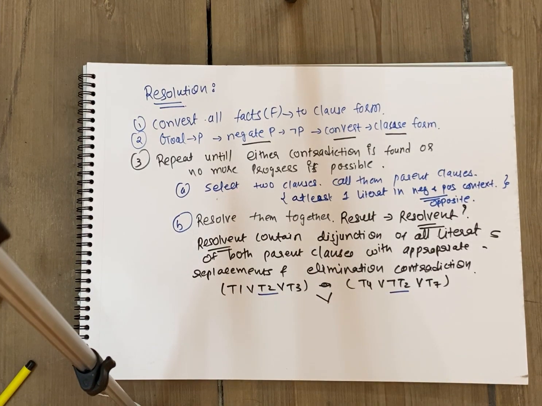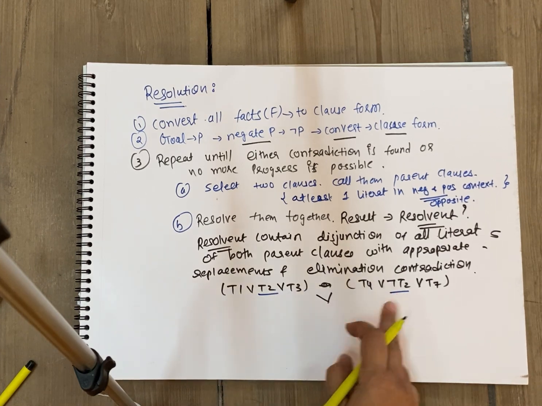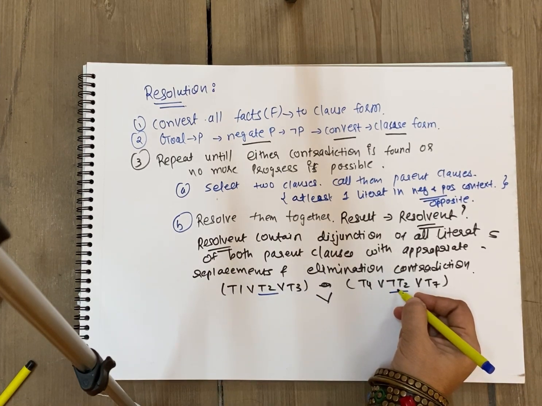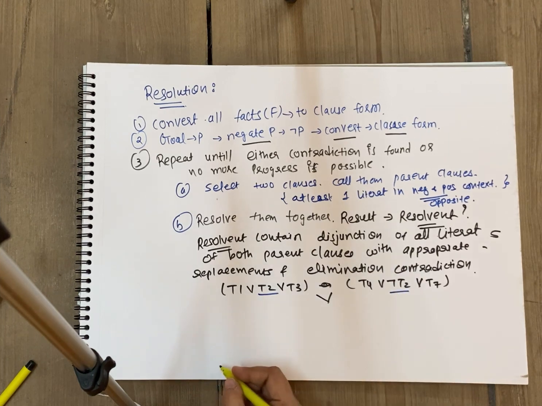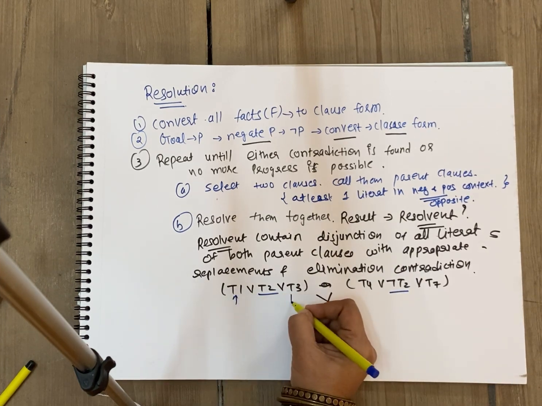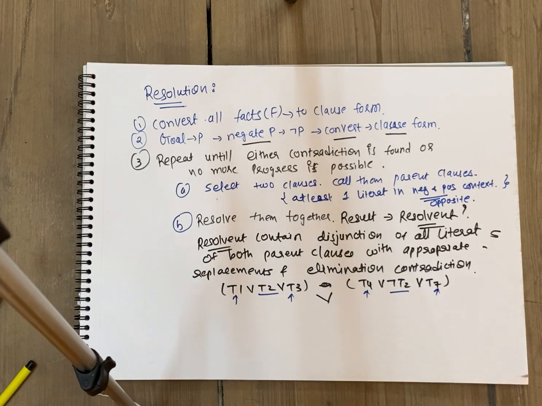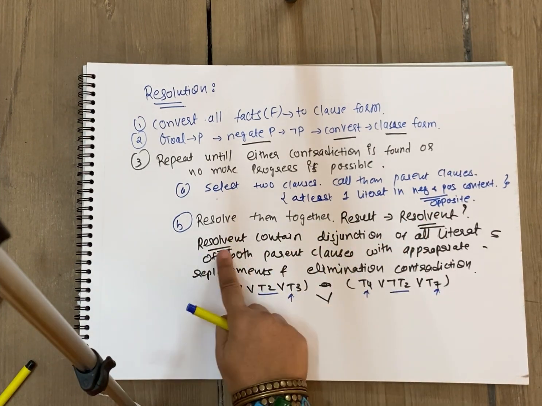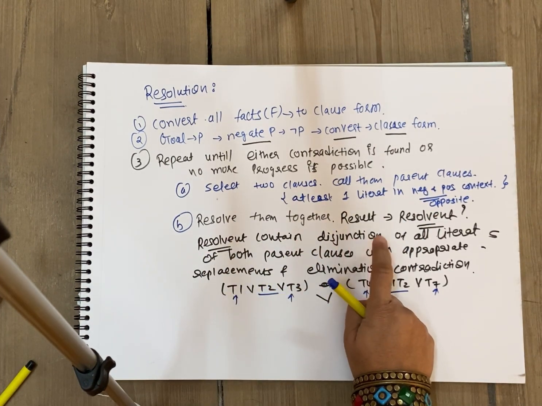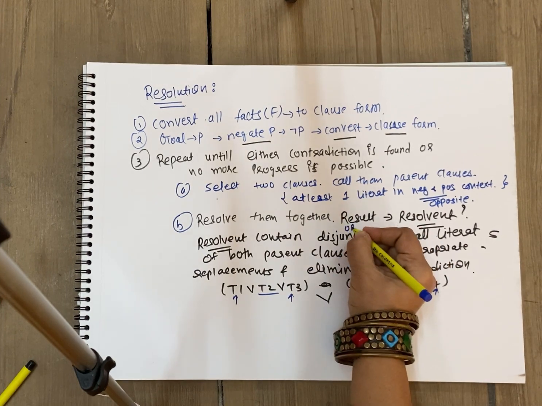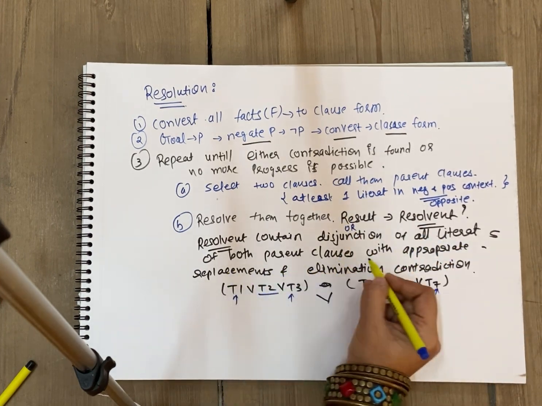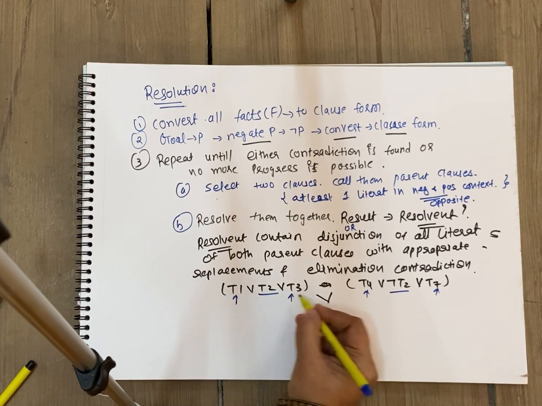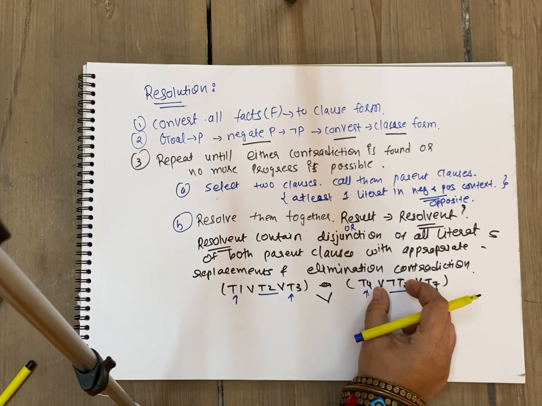What is opposite context? One occurrence should be positive and one should be negative. That is available here: this is positive, this is negative. So the contradiction is found, and hence it is going to be eliminated. What is remaining is T1, T3, T4 and T7. So the resolvent contains the disjunction, meaning OR, of all the literals of both parent clauses, that is T1, T3, T4, T7, the remaining literals after eliminating the contradiction.